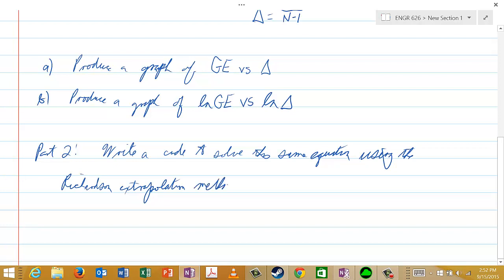Now let me say a little more about that. For part 2, you should be able to use your code from part 1 as the starting point.